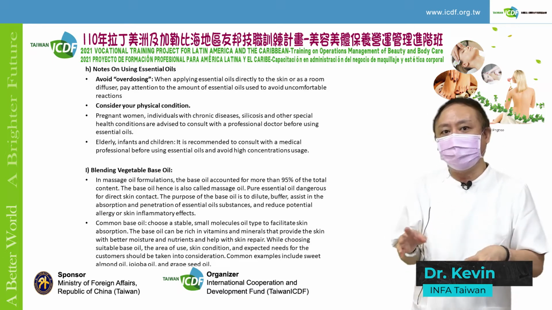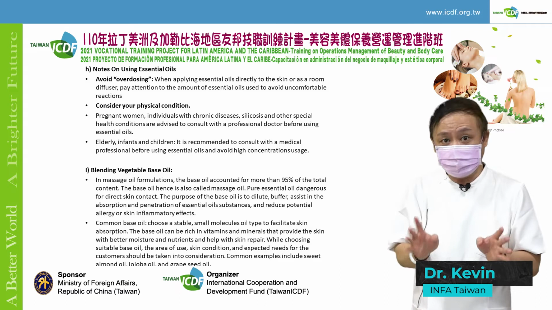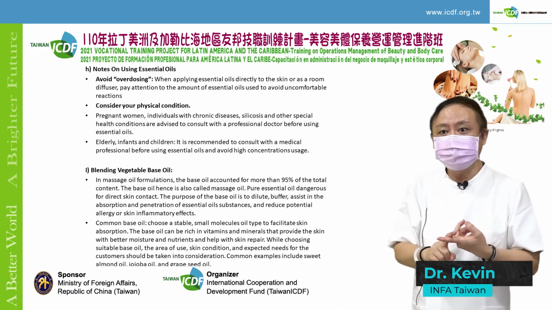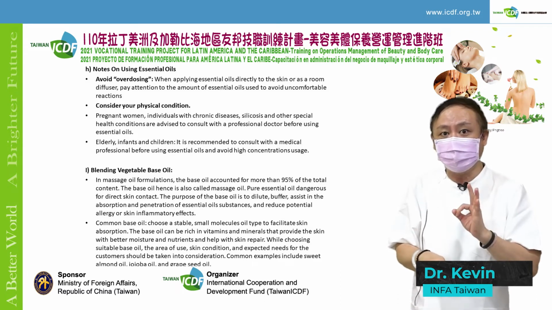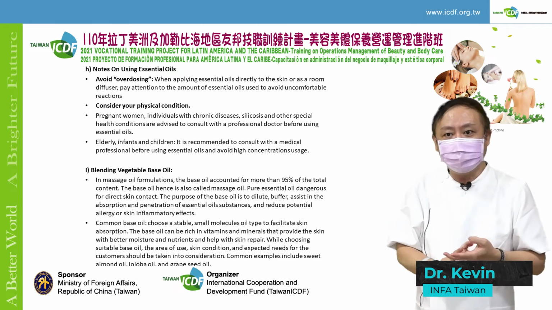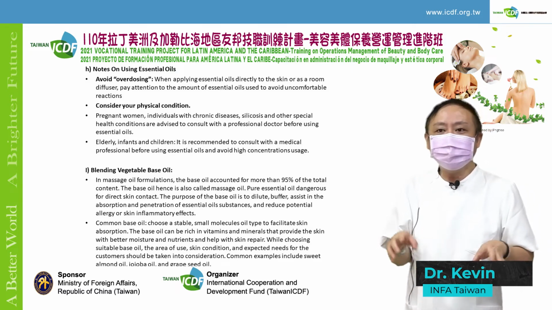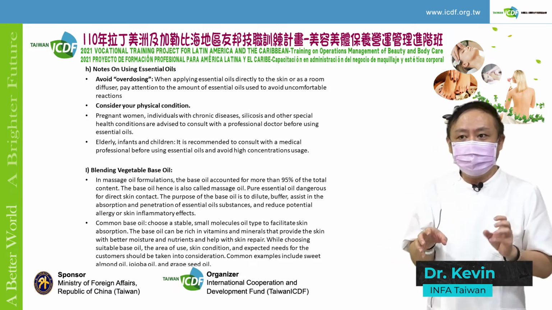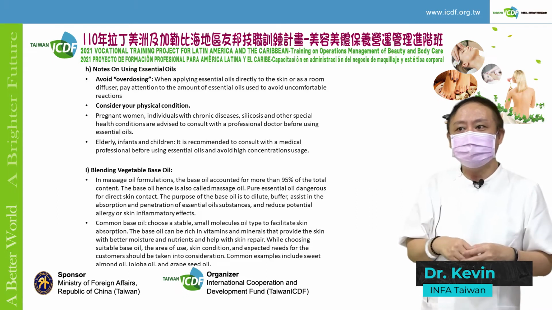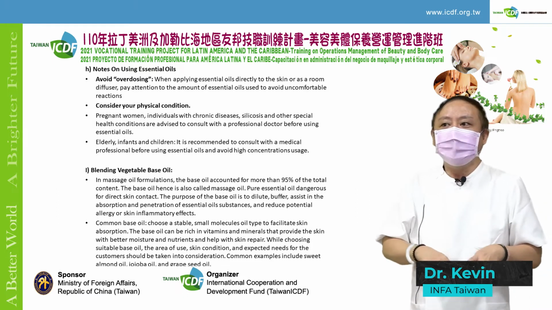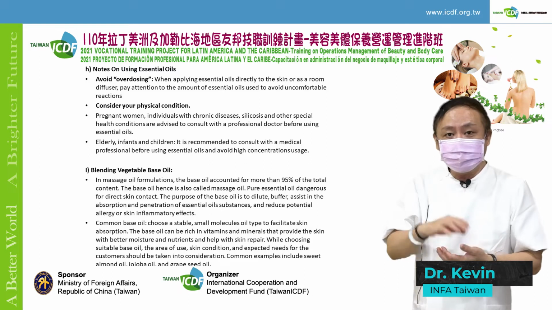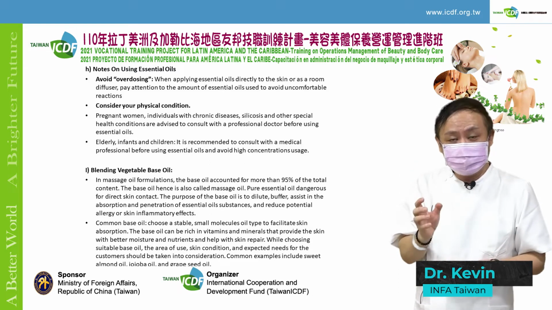They need to have small molecules in order for better skin absorption. Also, the base oil has vitamins within it, so the nutrients in the base oil can provide the skin with better moisture. It can also help the absorption of the skin and also aids with skin repair.